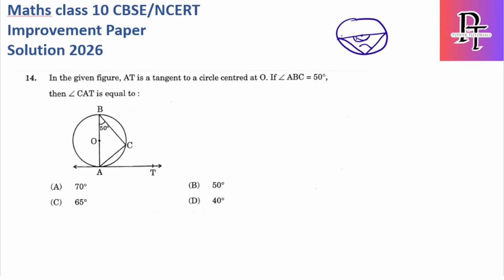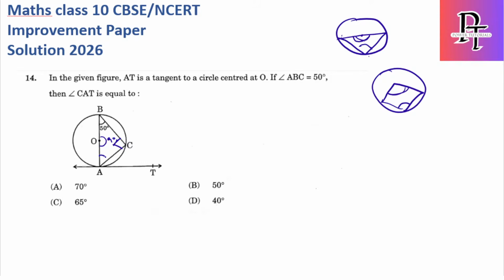Why? Because this is a straight line. Or else, if it is 120, then this will be 60. So it will be exactly half of the angle subtended from the center. Here we know this is 180, so this is 90 degrees, 50, and this is 90.